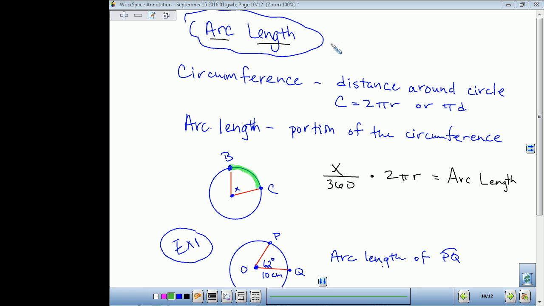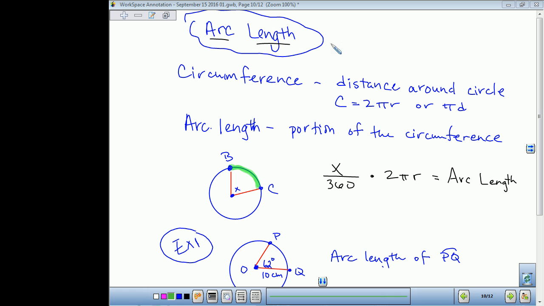So, if we want to measure arc BC, all we have to do is figure out the portion of the circle that that represents. So we'll do the degrees, so the arc measure, or the central angle measure, because aren't those equivalent? Yeah.